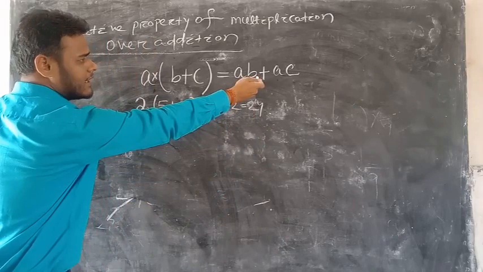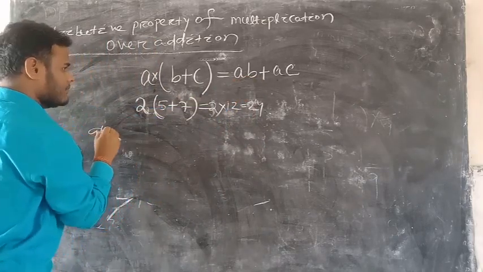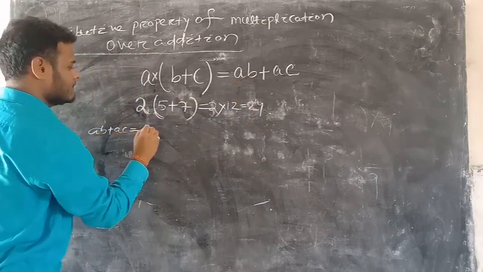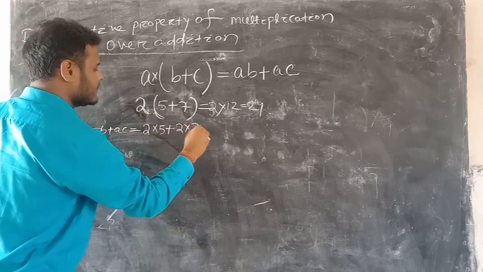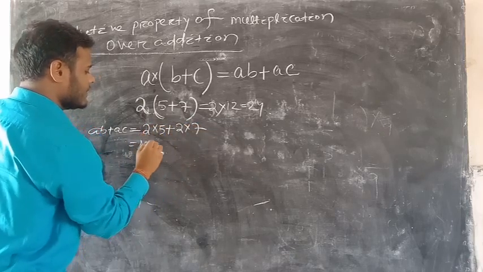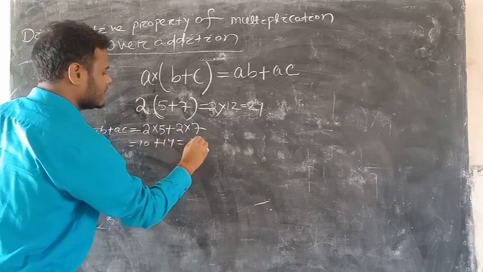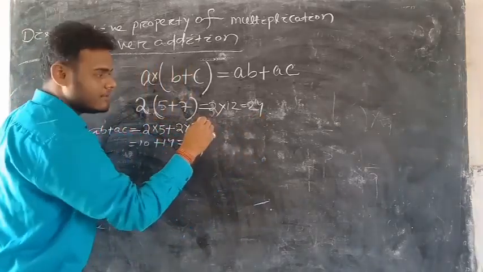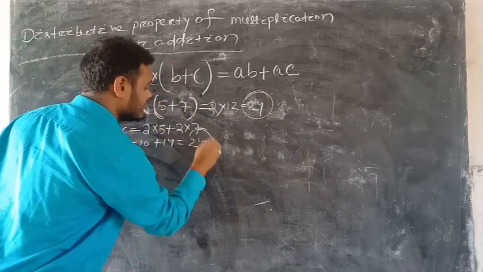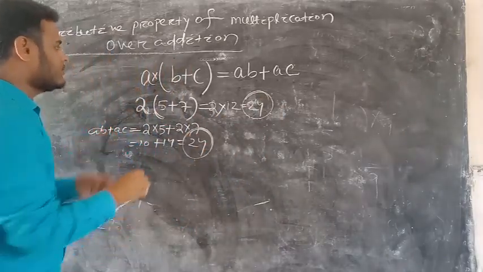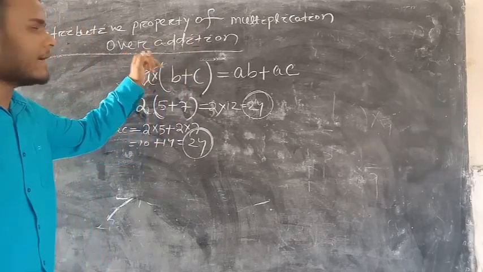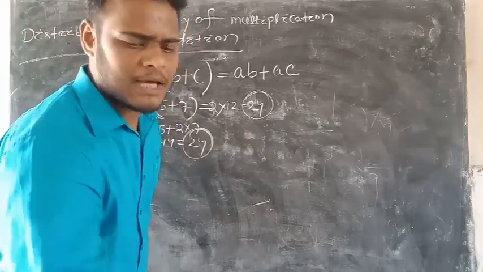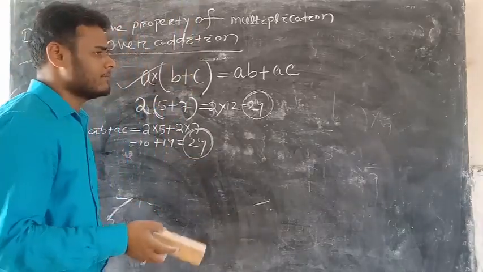Also if I take the right hand side, ab plus ac equal to 2 into 5 plus 2 into 7 is equal to 10 plus 14 equal to 24. So here I am getting the left hand side and the right hand side are equal. So it is true. So distributive property of multiplication over addition is true. We may apply it when solving problems.